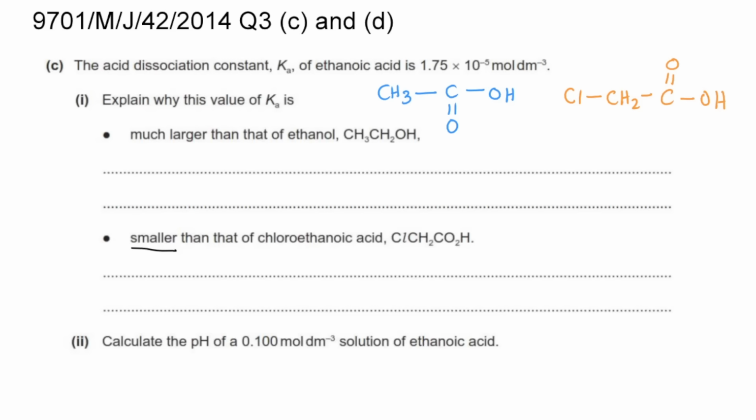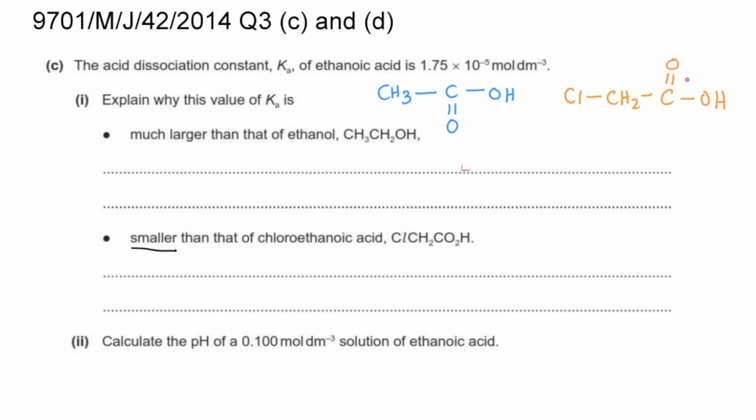This is an interesting example where in ethanoic acid we have only an alkyl group and a carboxyl group, and in chloroethanoic acid we have a halogen group. Halogens are usually electron withdrawing groups.